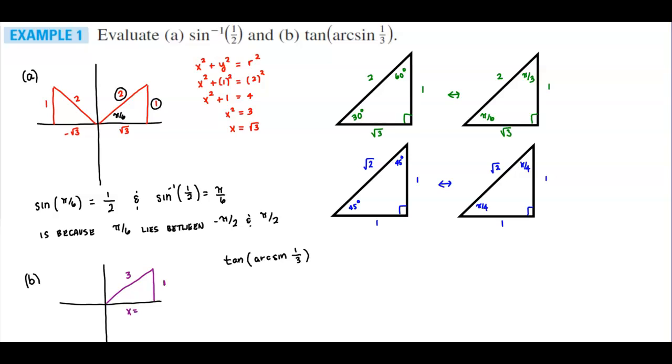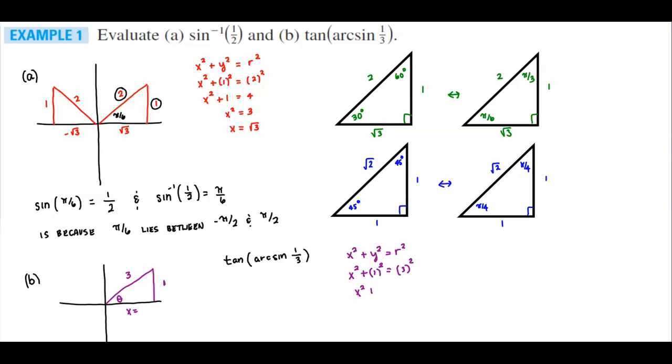And so we're looking for the value of x. And then eventually we want to determine what is that angle here. Okay, so how do we find x? Well, we're going to use the Pythagorean theorem like we did up there. So we have x squared plus y squared, which is equal to r squared. We know that y represents 1. We know that r represents 3.